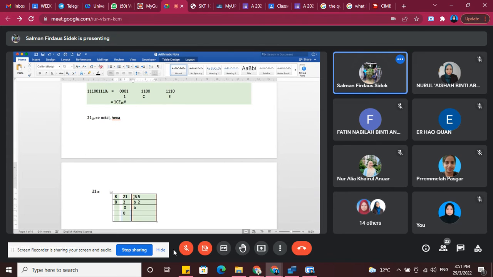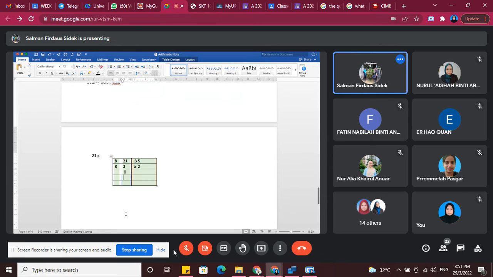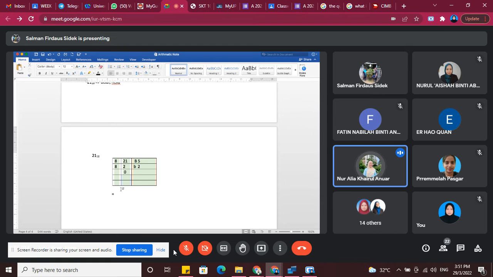So kita dapat, dalam oktal umur awak adalah 25. Okay, secara random betul tak 25?